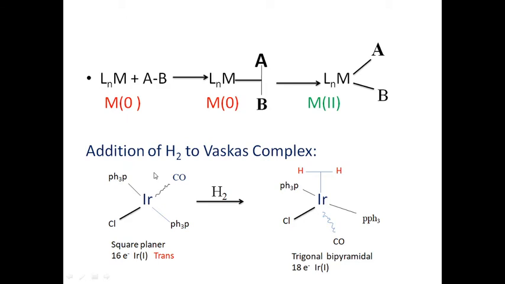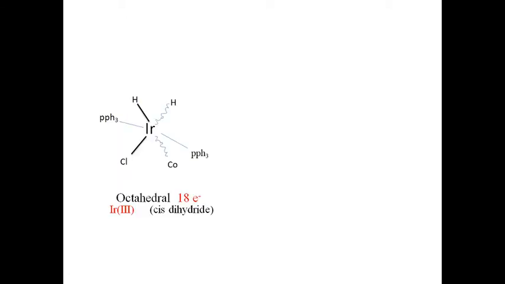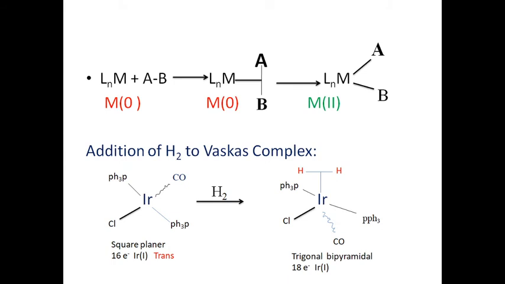So, see here, the carbonyl and chloride are trans to each other and there are two triphenylphosphine ligands here, in square planar geometry, which has a 16 electron count.